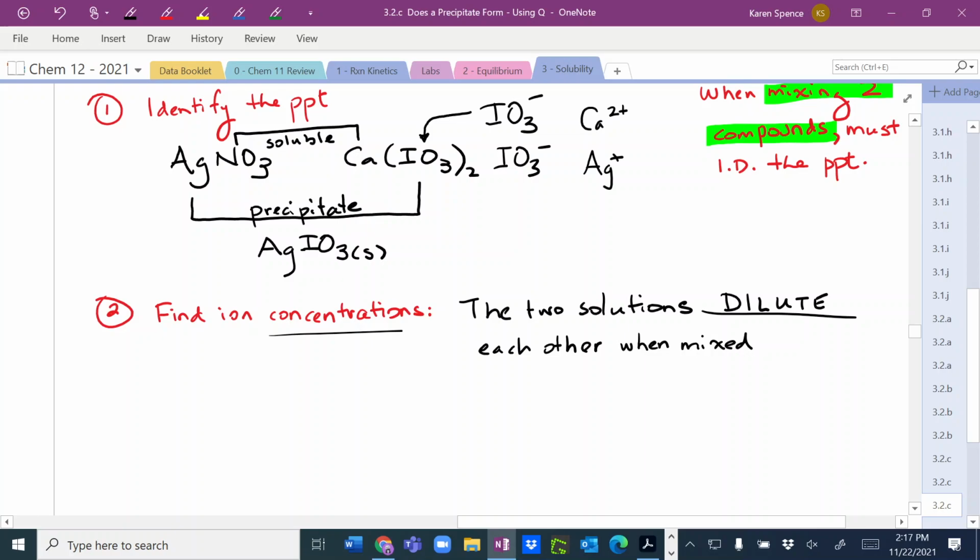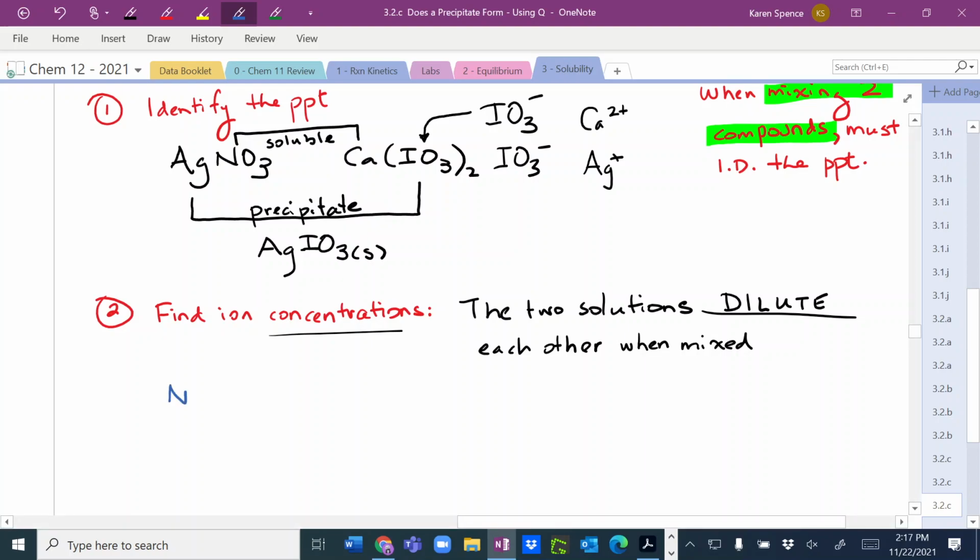So I would like to show you a new way of doing a dilution calculation. Feel free to keep using M1V1 equals M2V2, or just using moles, okay? This is actually, honestly, just M1V1 rearranged and given different names.